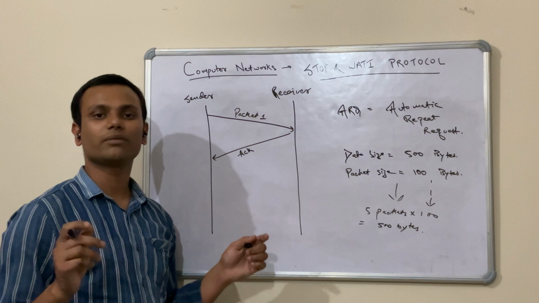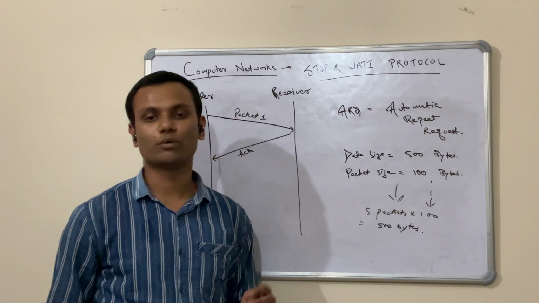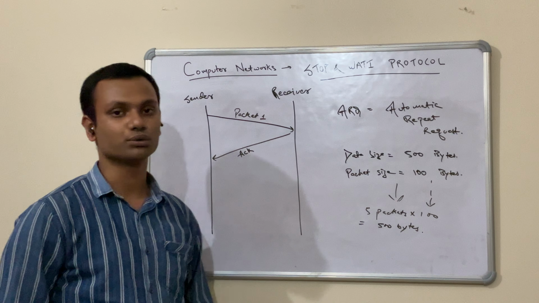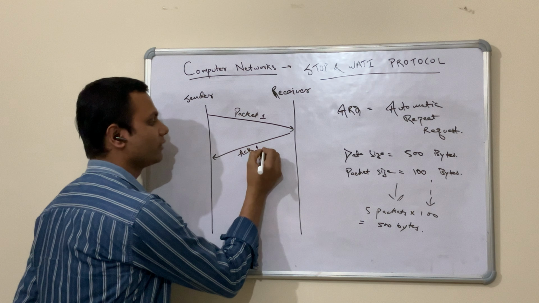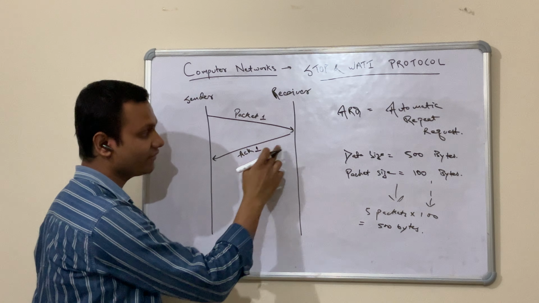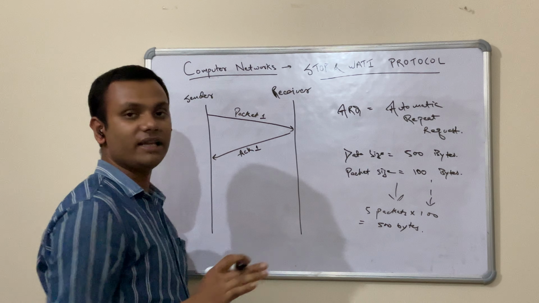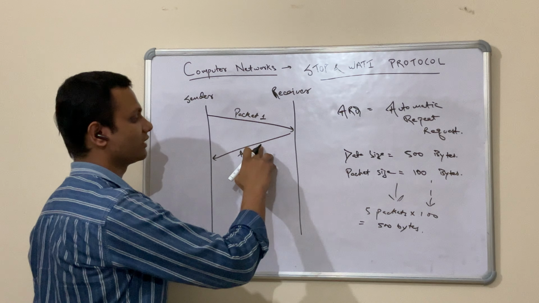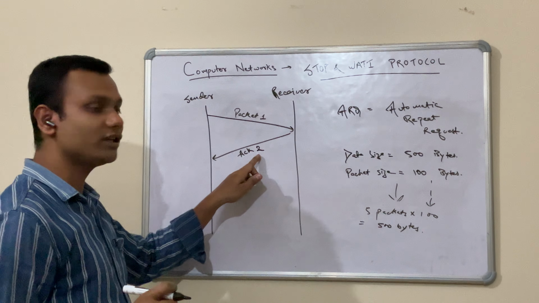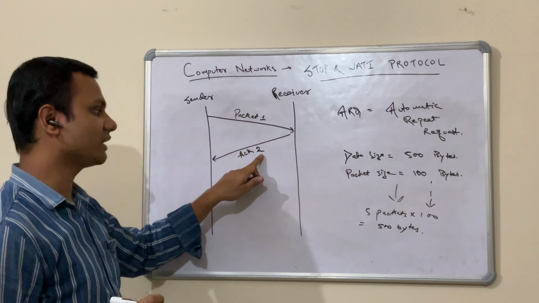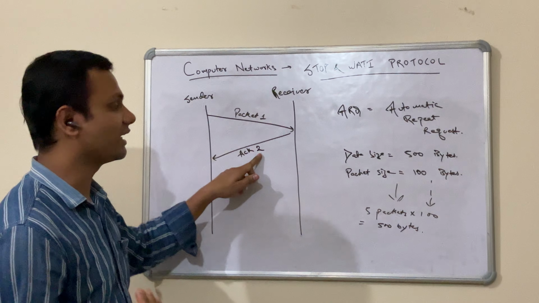One very important point: many standard books and authors use ACK 1 if packet 1 is sent. And many authors use this method, that if packet 1 is received, then ACK 2 is sent, the number being for the next packet which is to be sent by the sender.